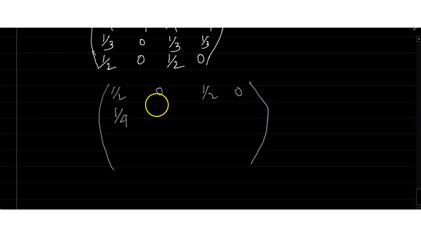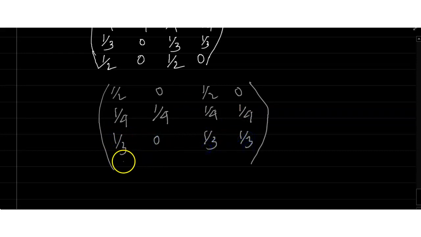So friends, you see, we can write this way: 1 by 2, 0, 1 by 2, 0, 1 by 4, 1 by 4, 1 by 3, 0, 1 by 3, 1 by 3, and 1 by 2, 0, 1 by 2, and this is 0.